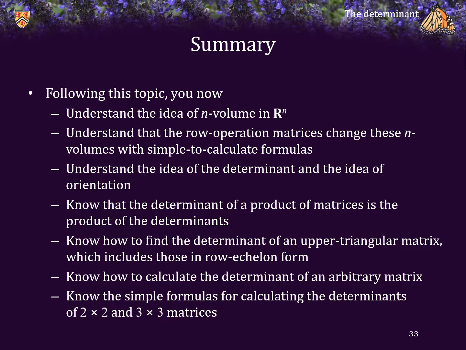You know that the determinant of a product of matrices is the product of the determinants. You know how to find the determinant of an upper triangular matrix, and that of course includes those matrices that are in row echelon form. You know how to calculate the determinant of an arbitrary matrix, and you know how to calculate the simple formulas for finding the determinants of 2 by 2 and 3 by 3 matrices.